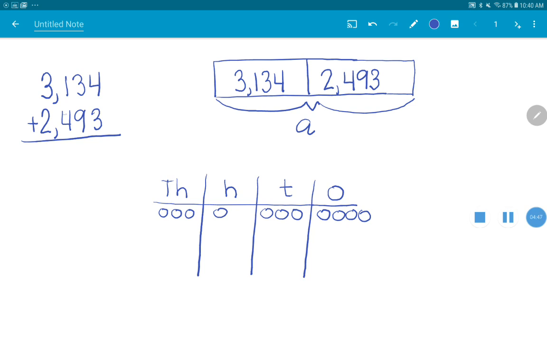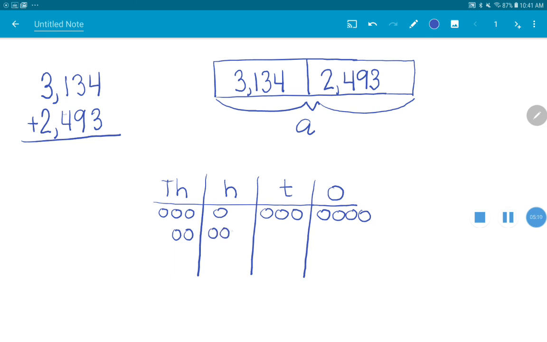You're representing 3,134 with place value discs on your place value chart. And then when you're done, add place value discs to represent 2,493.